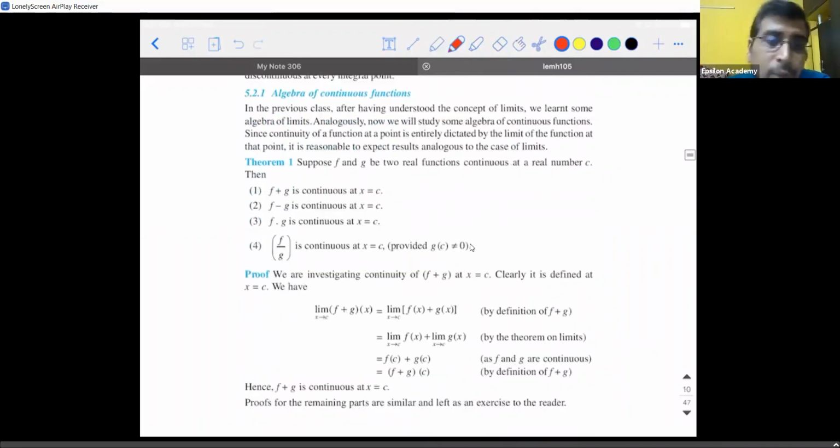The last part of this exercise is the algebra of continuous functions. That is, if you have two functions in your hand, f and g, which are two real valued functions continuous at a real number c, then we can do some mathematical operations between them.